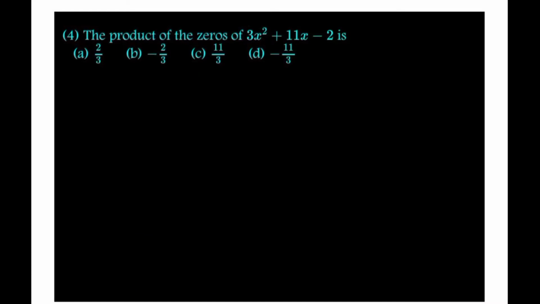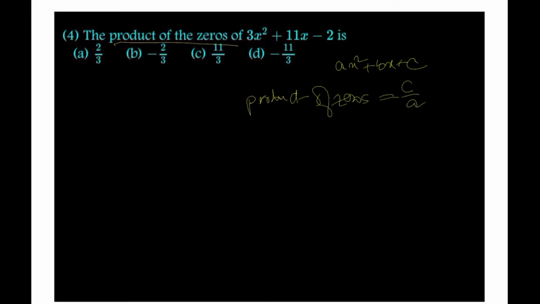The product of the zeros of 3x squared plus 11x minus 2 is... We have the standard form of a quadratic polynomial as ax squared plus bx plus c, and here we have to find the product of the zeros. For the product of the zeros, we have seen that it is nothing but c by a.